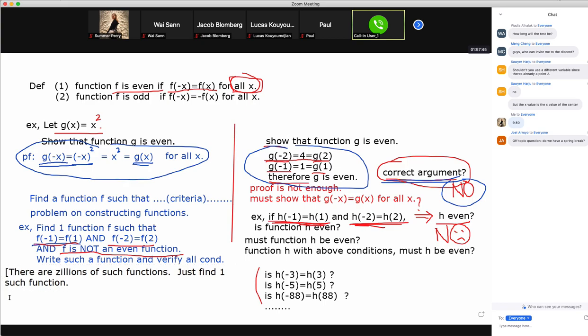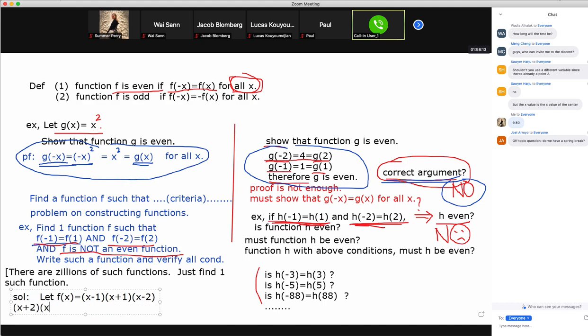Well, let me give you a solution. How about this? f of x is equal to x minus 1 times x plus 1, and then times x minus 2, and then times x plus 2.